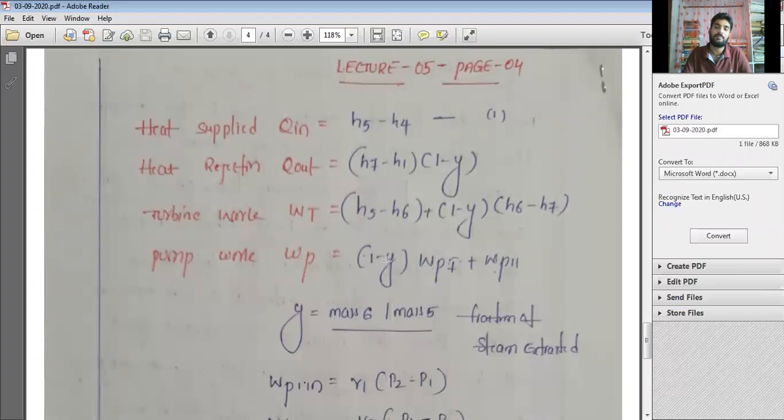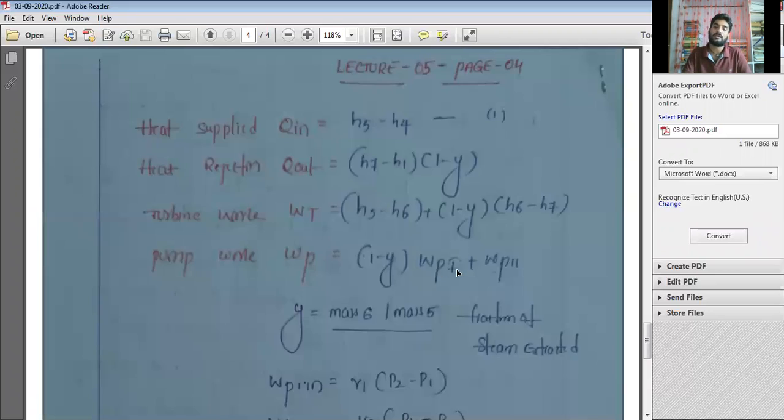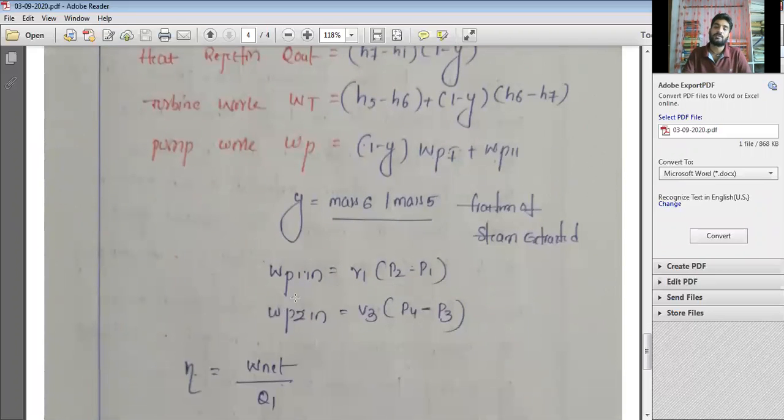This is pump work: 1 minus Y into pump 1 plus pump 2, since two pumps are involved in this regenerative Rankine cycle. Pump 1 is between 7 and 1, so I multiplied by 1 minus Y, the fraction of steam extracted at state 7, plus pump 2 work. You have already seen this in yesterday's problem.